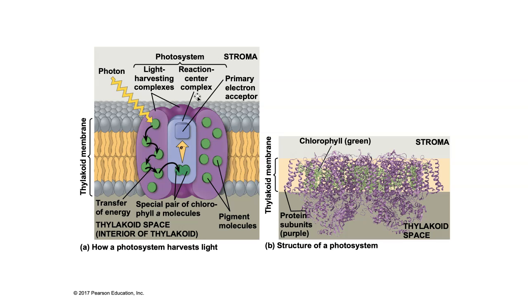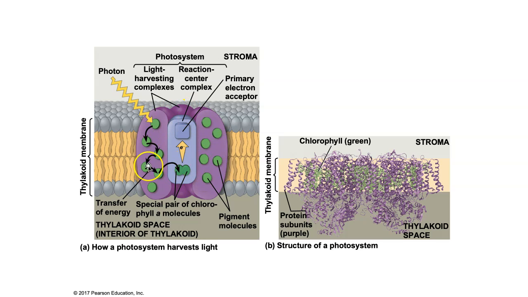Surrounding the reaction center complex, all this purple stuff over here, are the light harvesting complexes. They are comprised of a bunch of pigment molecules that are bound to proteins here. Their job is to capture the light energy from the sun, capture these photons, and transfer that energy over to the chlorophyll A molecule here.